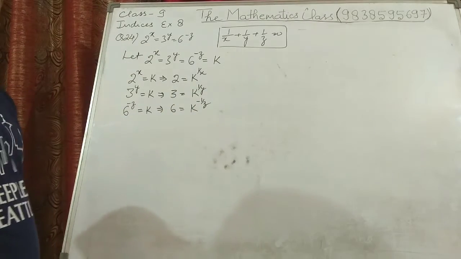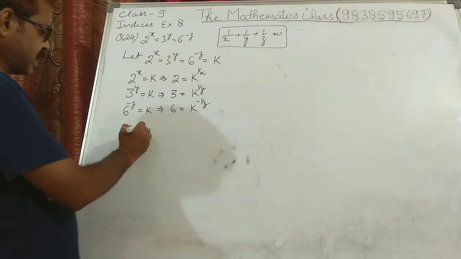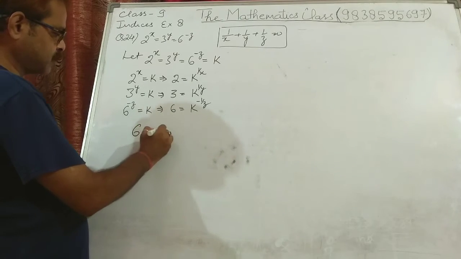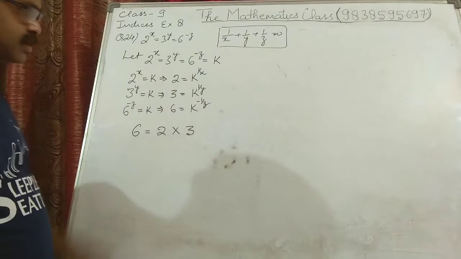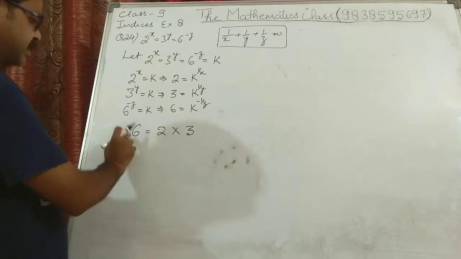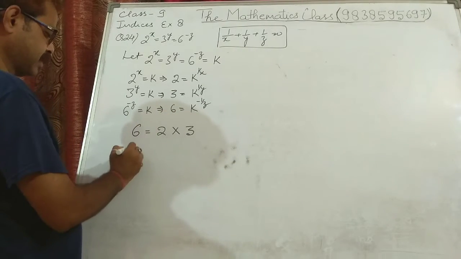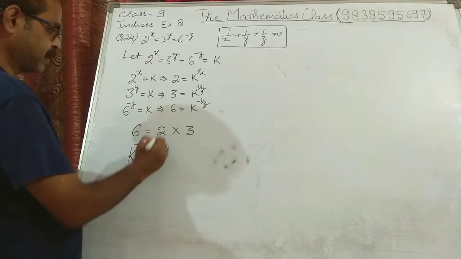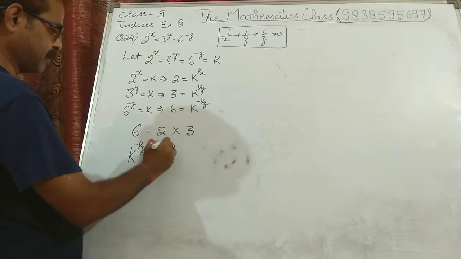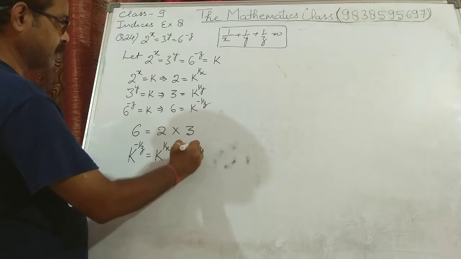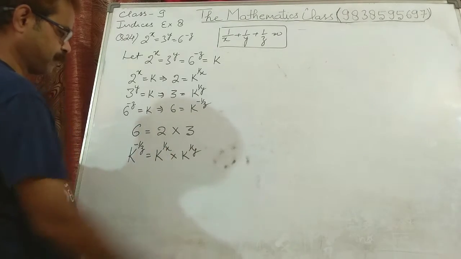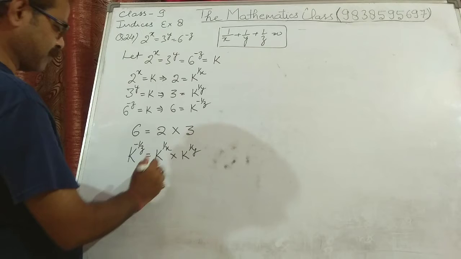I hope up to here it is clear. Now we know that 6 is equal to 2 into 3. In place of 6 we can write k to the power minus 1 upon z. In place of 2 we can write k to the power 1 upon x into k to the power 1 upon y. Bases are equal, so powers get added.